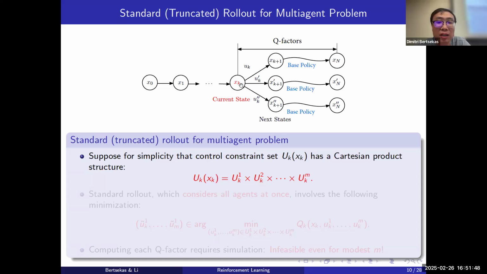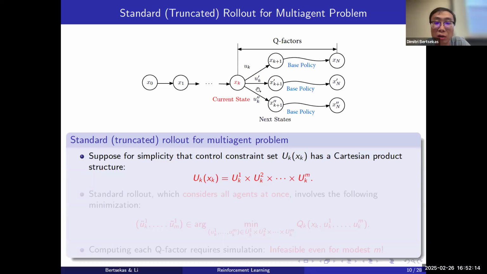So given the current state xk, what we do with rollout with one step lookahead is we enumerate all the controls, and then starting from all the possible next states, run the base policy, and the cost associated with this trajectory will be the Q factor of xk and uk.